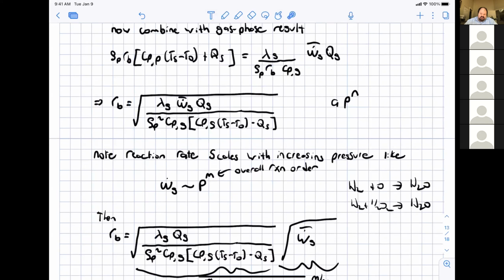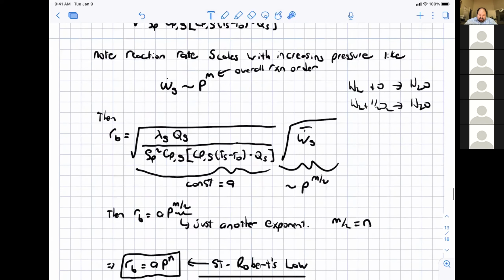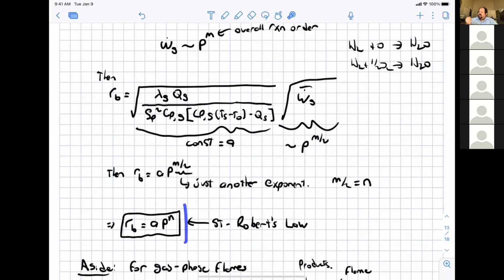At the end of the day, you go through all that extra awful algebra, solving the eigenvalue problem to find the burning rate, and its only use is that it provides a little bit more physical intuition, and it still just basically tells you that r_b is proportional to P to the n.